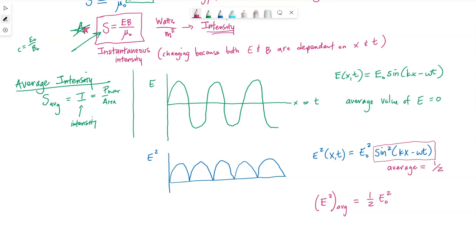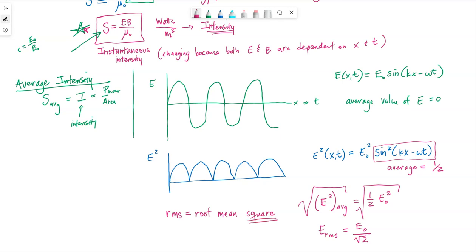If I take the square root of both sides, we call this an ERMS. RMS stands for root mean square. And it explains what we just did.